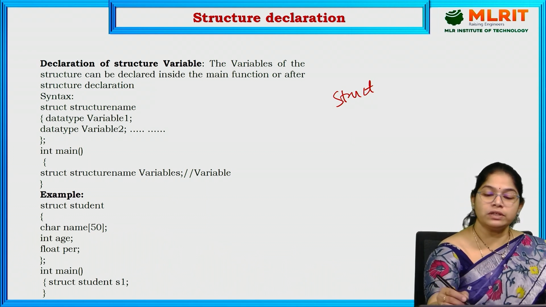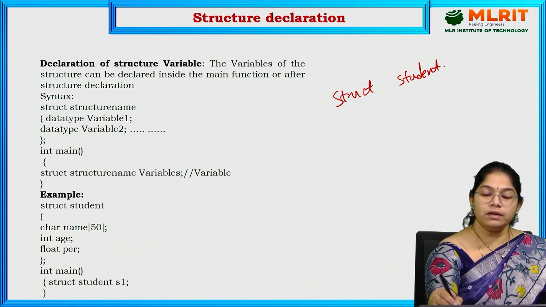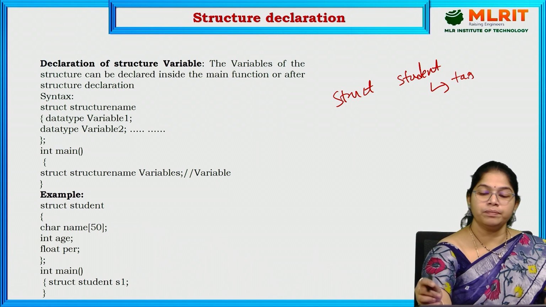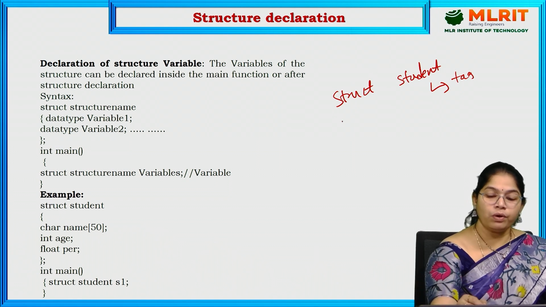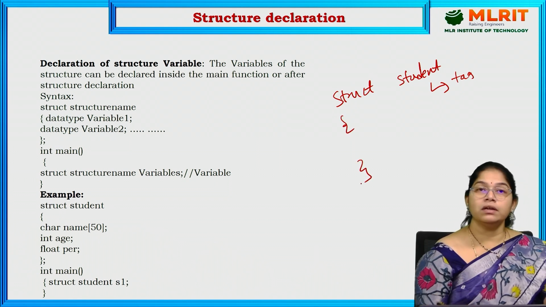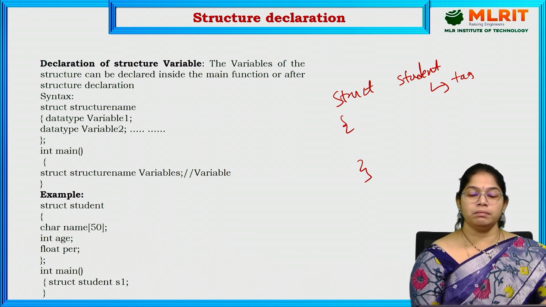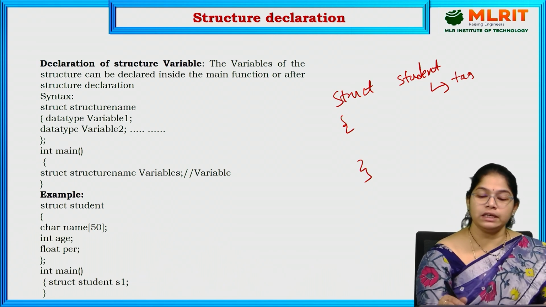Then the structure name, or we can say structure tag. Here student is the structure tag, or structure name. Then what does this student have? The student has a roll number, name, and marks. I consider only 3 details.